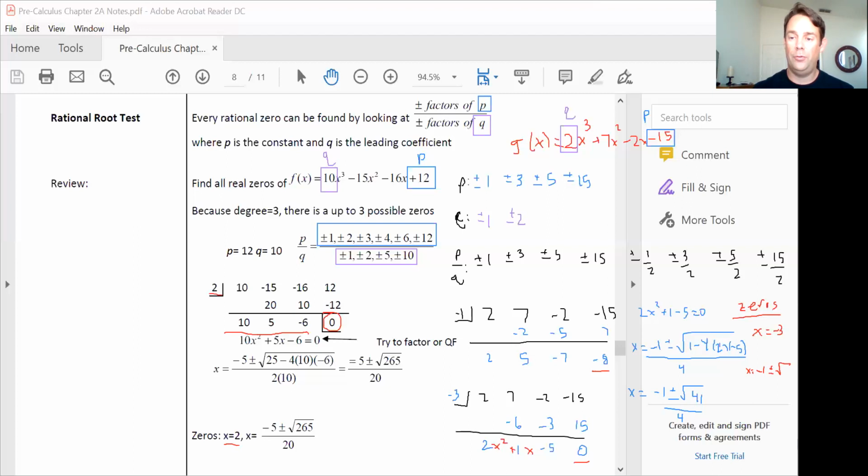And again, what you guys hopefully are noticing is the degree of our polynomial is somehow tied into how many zeros we're going to have. They're not absolutes. We'll talk about why in a couple days. But notice, in this case my degree was 3. I won't have any more than that many real roots.